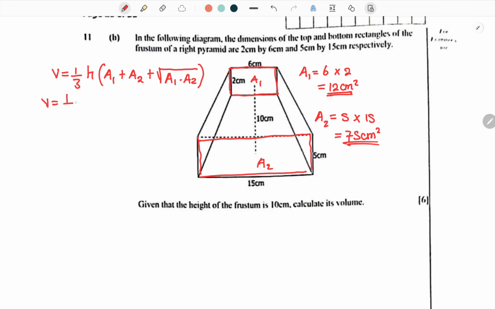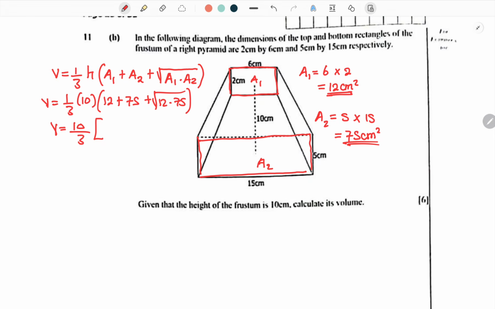V is equal to 1/3. Our height is 10. Our area 1 was 12 centimeters, and then 75. Then we're going to have 12 multiplied by 75. So this is going to be a 10/3.